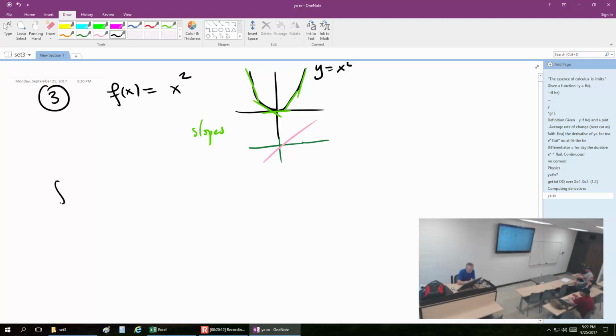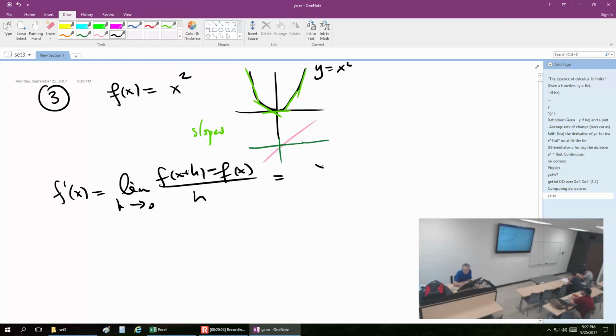So I have f prime of x is equal to f of x plus h minus f of x over h. And so I'll have the limit of x plus h squared minus x squared over h, as h goes to 0.